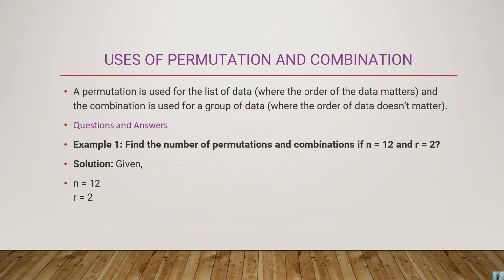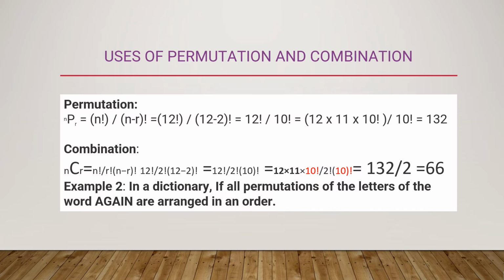So let's have here an example. Find the number of permutations and combinations if n is equal to 12 and r is equal to 2. As a solution, we have the given n is equal to 12 and r is equal to 2. Using the permutation formula, which is n factorial divided by n minus r factorial, we substitute the given.